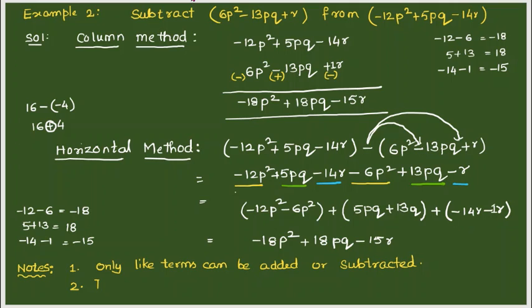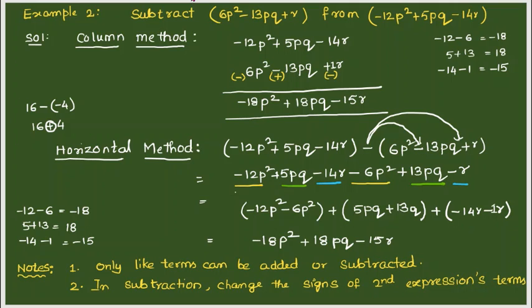So in subtraction, change the signs of the second expression terms. In the column method we change the second expression terms, not the first expression, children. But in the horizontal method, automatically when we multiply by minus, the signs of the second expression will get changed. So keep these 2 points in mind.